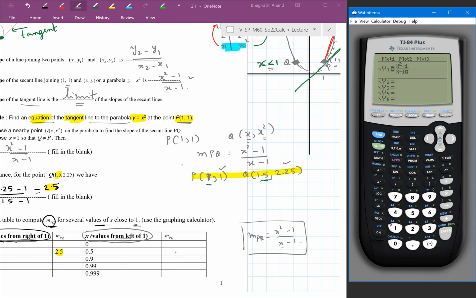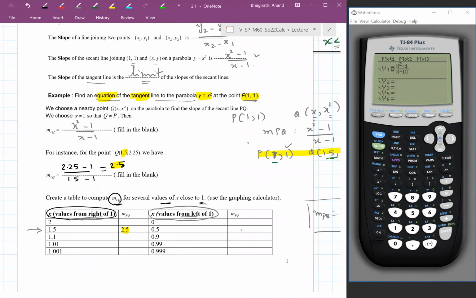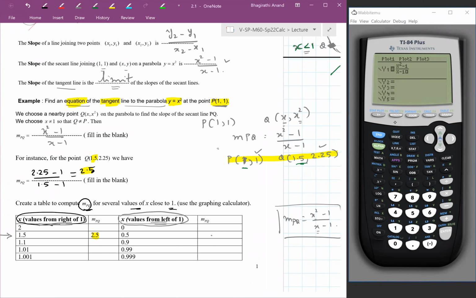All right. Now we are going to take a table. This is stored in y1. You can graph this, but I'm going to use this table that I have drawn here for various values of x.